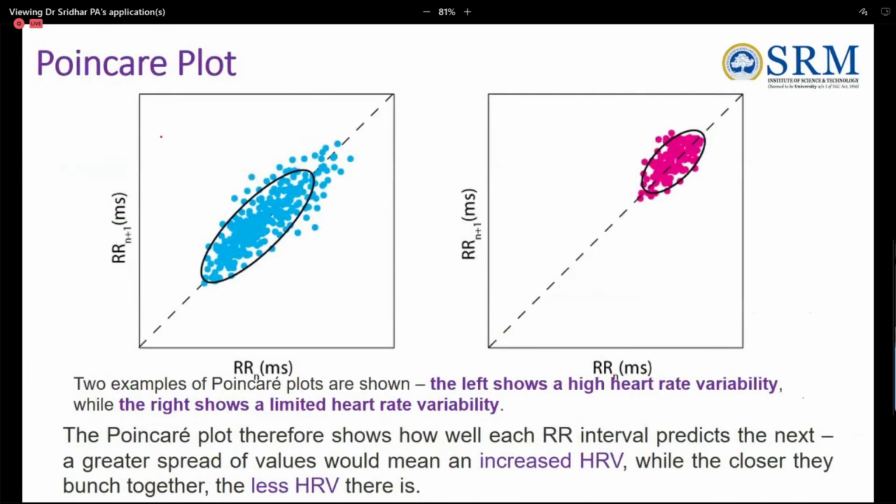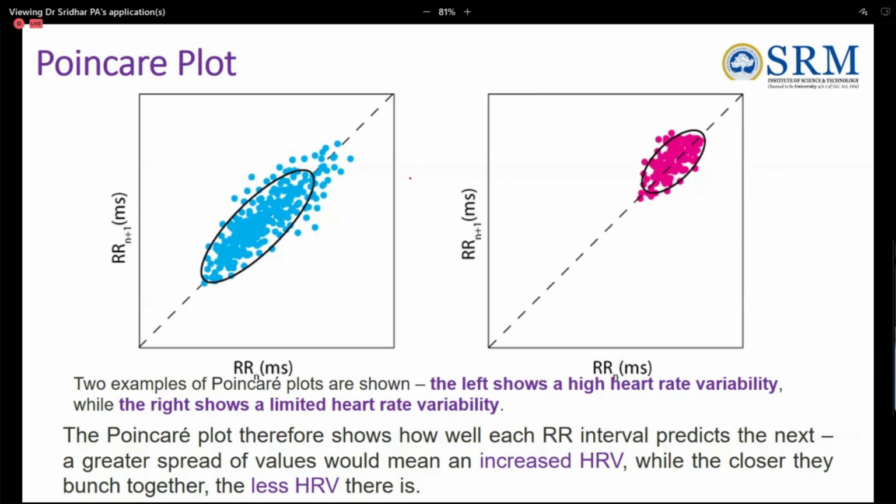Here we can see the difference in how the Poincaré plot is plotted. It is plotted with the first interval versus the second interval, so RR n versus RR n plus 1. You are trying to see how the change has happened between two consecutive intervals with respect to the condition.